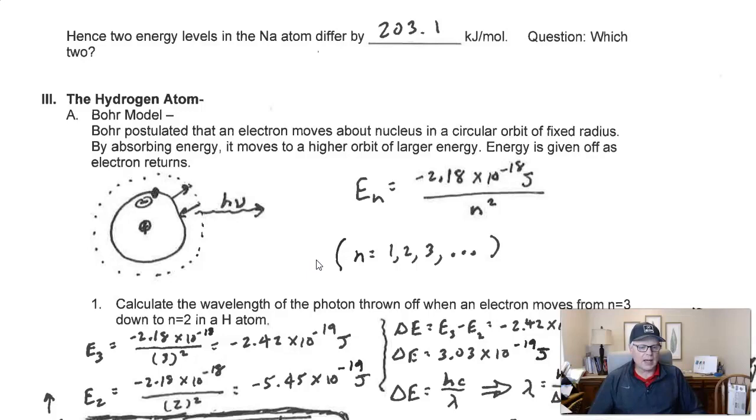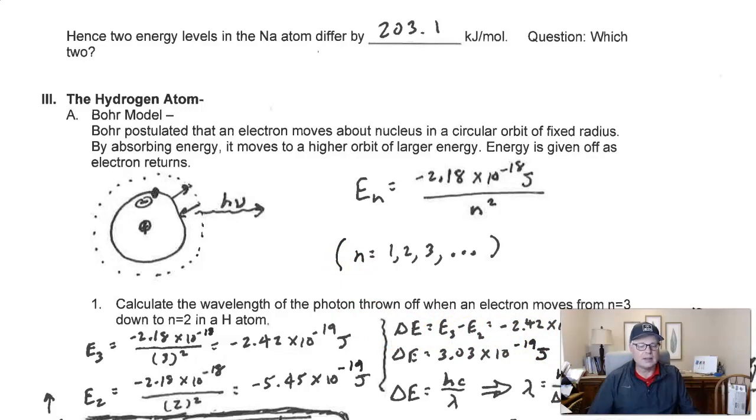So they were kind of like the plums in a plum pudding. That's why they call it the plum pudding model. And that's what people thought atoms looked like back then. Bohr was one of the first people to actually take that electron outside the nucleus. So it was actually a fairly revolutionary idea for the time. It just doesn't seem like it to you and me because we're kind of used to that.